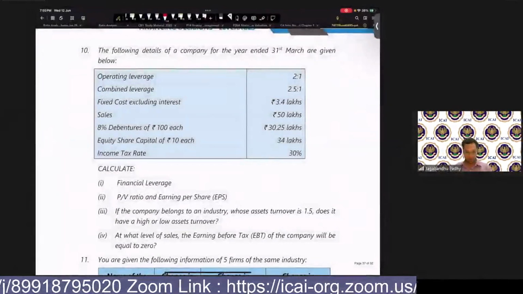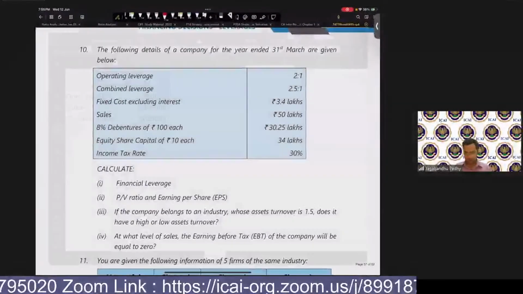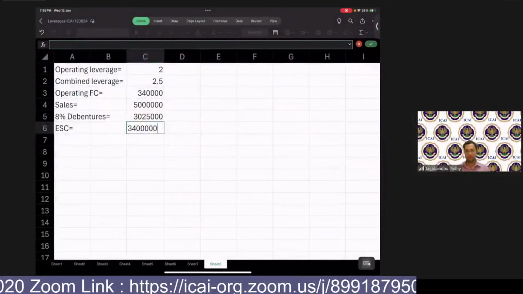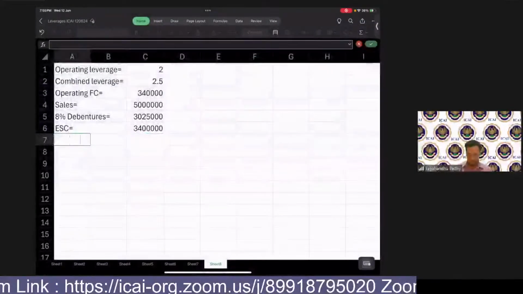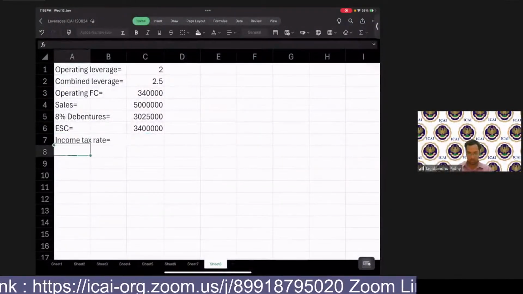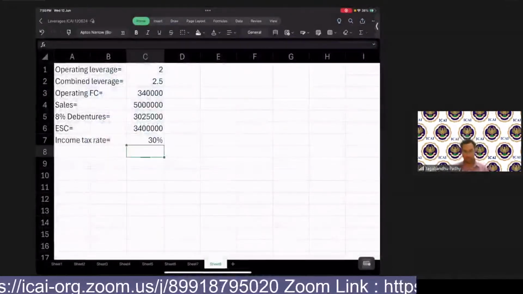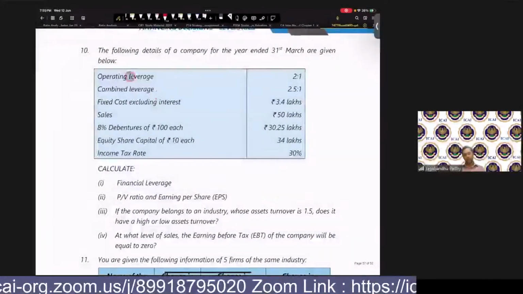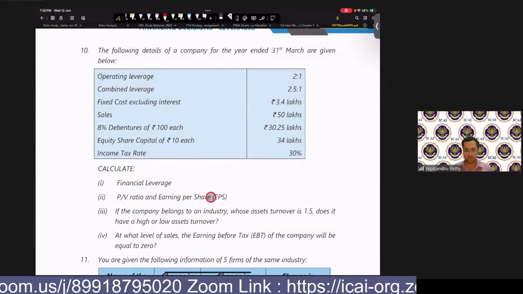Then we have the equity share capital of 34 lakhs. Then the income tax rate is 50%. We have all this information. We have to come to the financial leverage, PE ratio, EPS, and a lot of things.